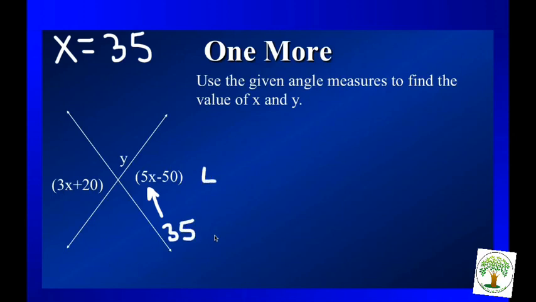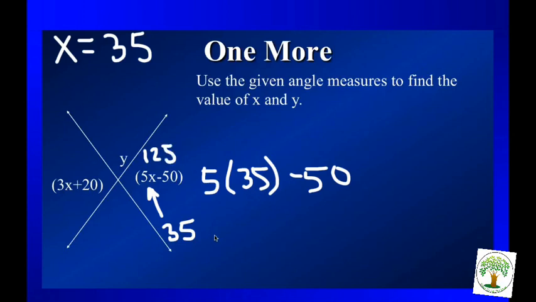So if we did 5 times 35 minus 50, we could plug it in. What is 5 times 35 minus 50? 125. So we know that this piece right here is 125.